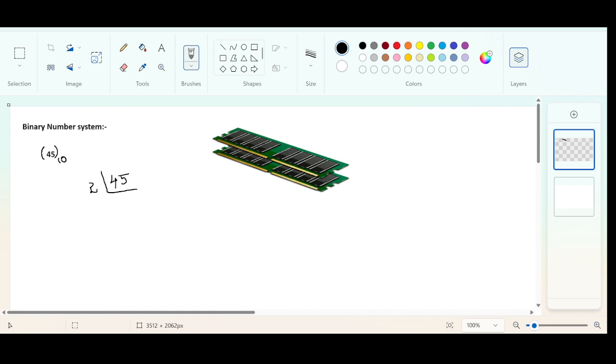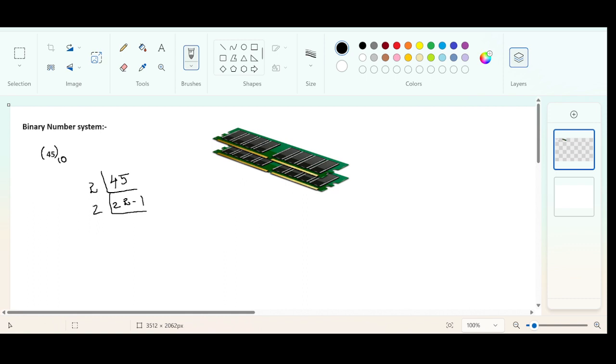So let me divide 45 by 2. 2 22s are 44, the remainder is going to be 1.